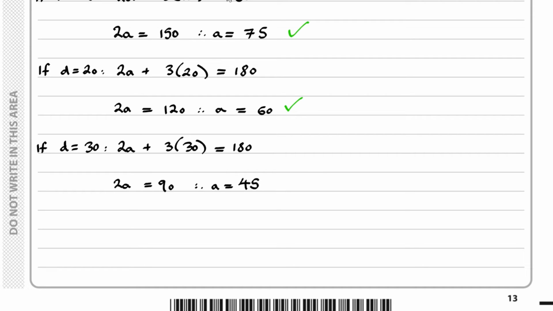We don't want to use this value of D when we come to work out the probability, because we see over here A is not greater than 50. A is indeed less than 50. And we can try out a similar thing with D equaling 40. So if D equals 40, we have 2A plus 3 lots of 40, which is equal to 180.